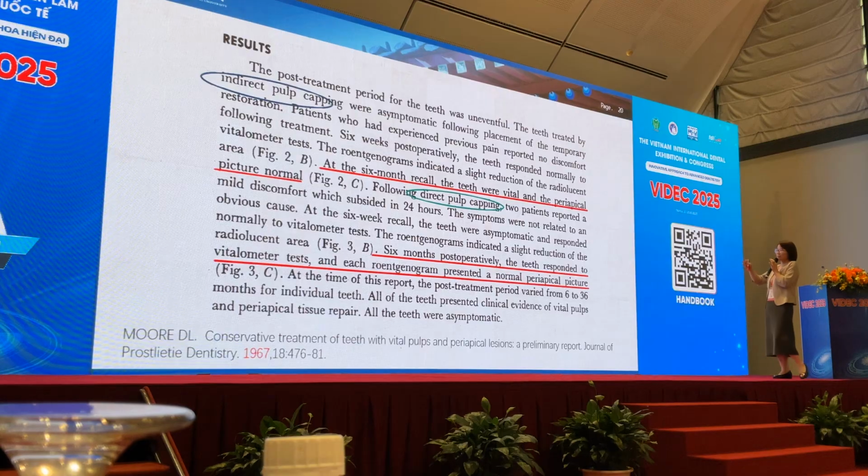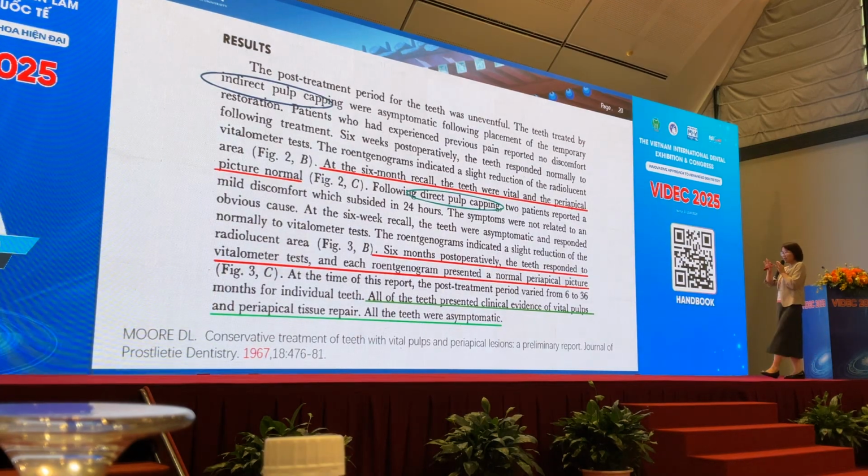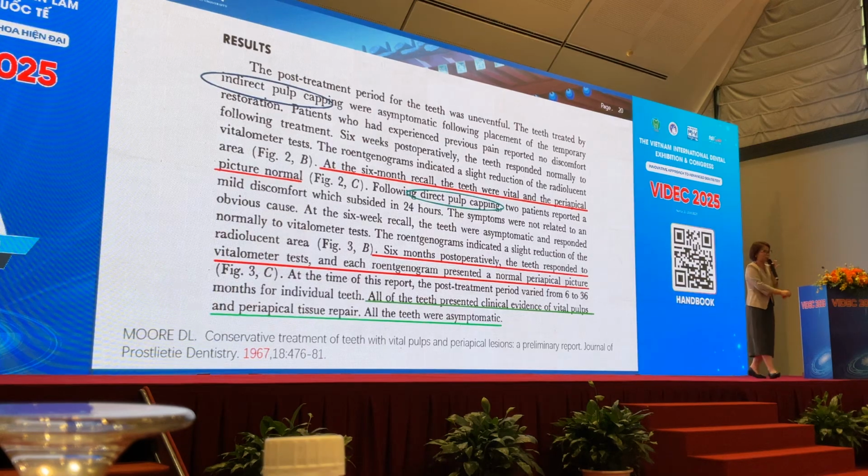Let's see, also at 6 months, the teeth responded to the pulp test and presented a normal periapical picture. The results showed all the teeth presented clinical evidence of vital pulp tissue and periapical tissue repair. And all the teeth were asymptomatic.